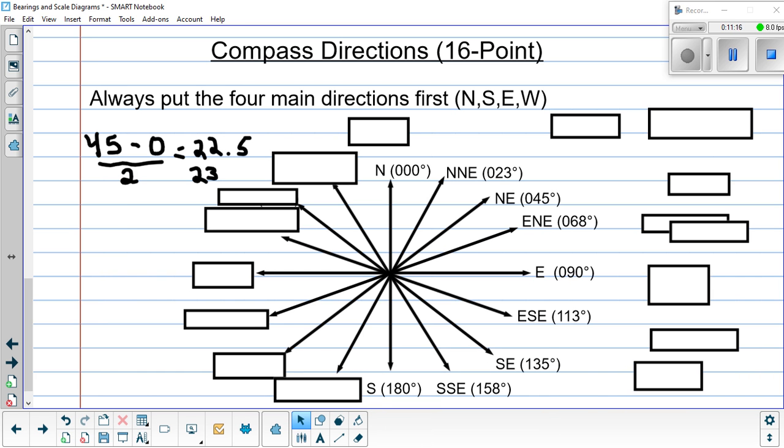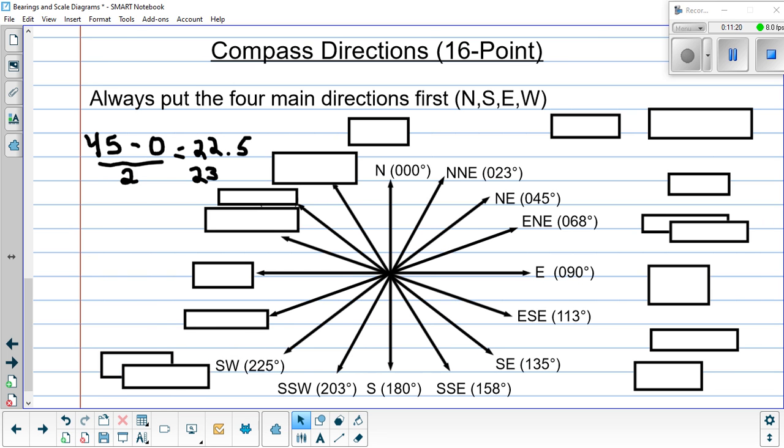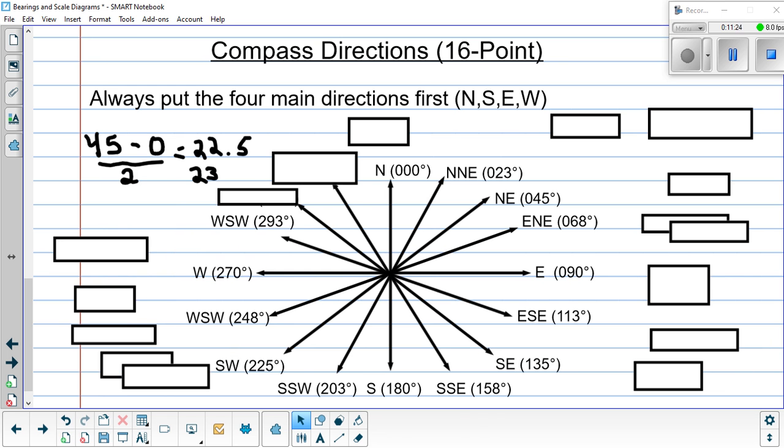And we have south. We have south of southwest, southwest, west southwest, west, west south. Oh, sorry, that shouldn't say west southwest. That should say west of northwest, sorry.